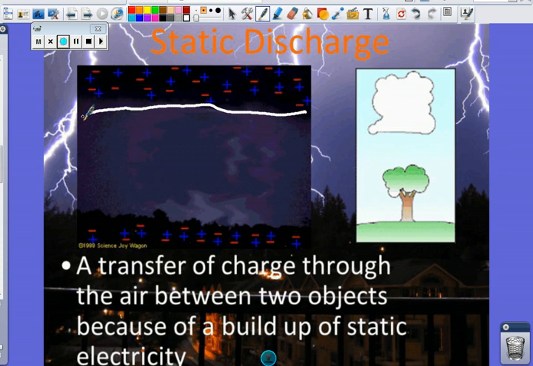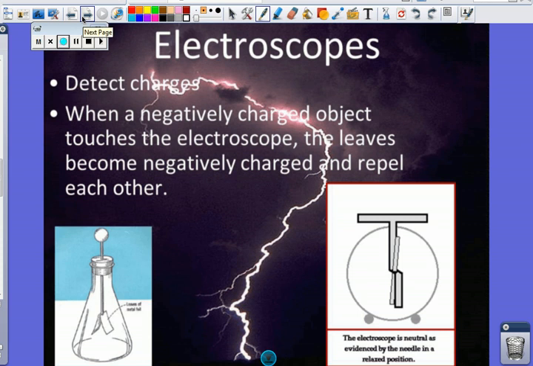What happens is these electrons up here start to move around. Once you get a big buildup of charge, it's going to jump from negatives, negatives, negatives, to the ground.